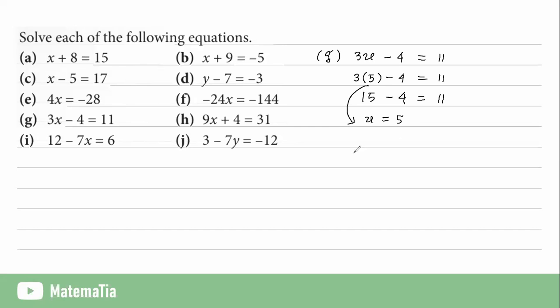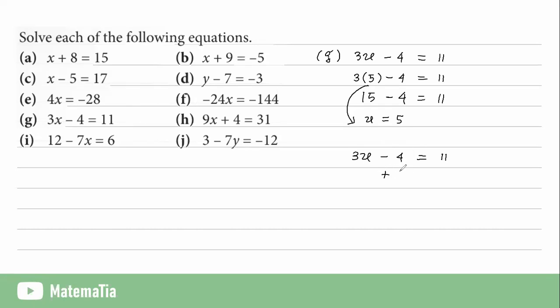Then the second method, 3x minus 4 is equal to 11. Okay, the first step, we have to get rid of this number by adding 4, right?